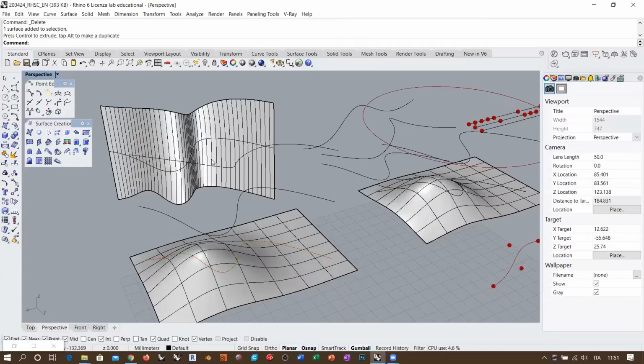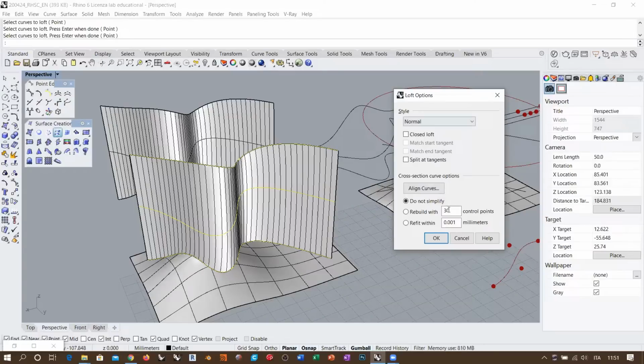But you saw that in the loft option window, there is also another possibility for the cross section, which is the refit. Now, rebuild and refit are two different operations that both rebuild or simplify the curves, so they change the topology. Now, what's the use of refit?